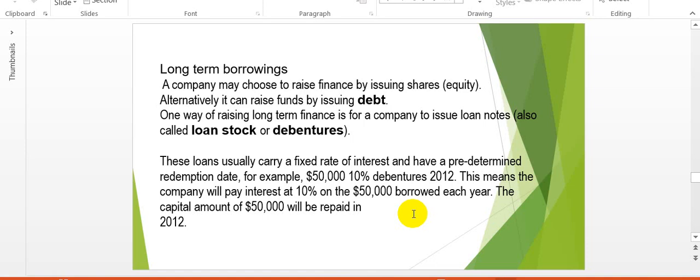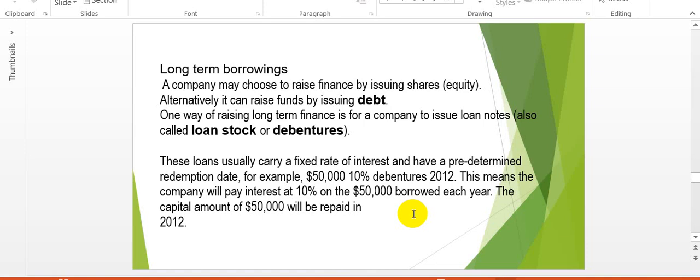These loan notes usually carry a fixed rate of interest, and they will have a predetermined redemption date, meaning you know how much interest rate will be applicable on the loan, and you know the date on which the loan is going to be redeemed. Redeemed simply means when the loan is going to be paid off.